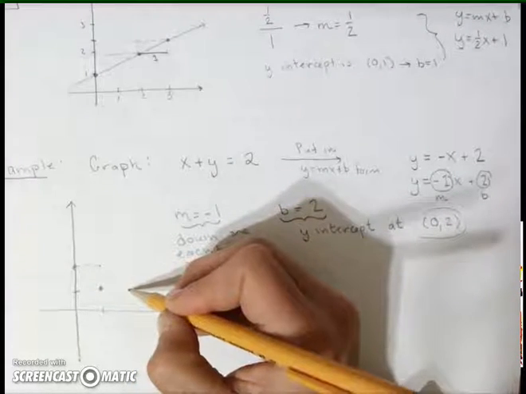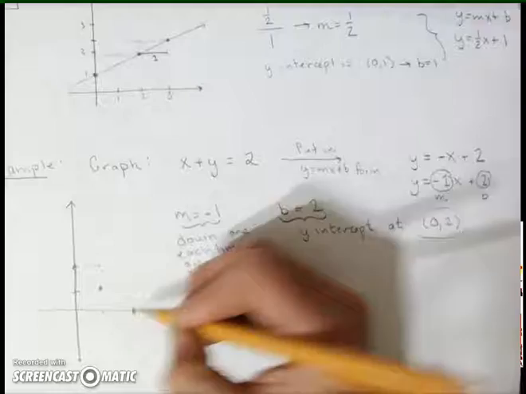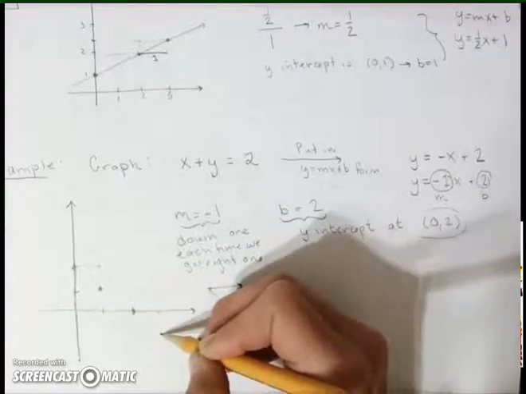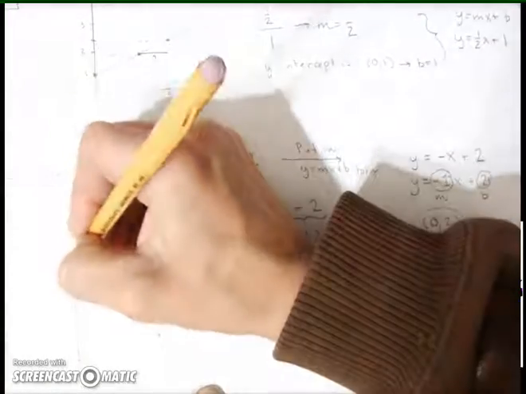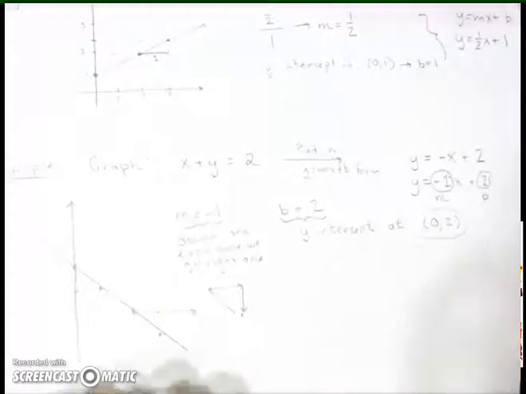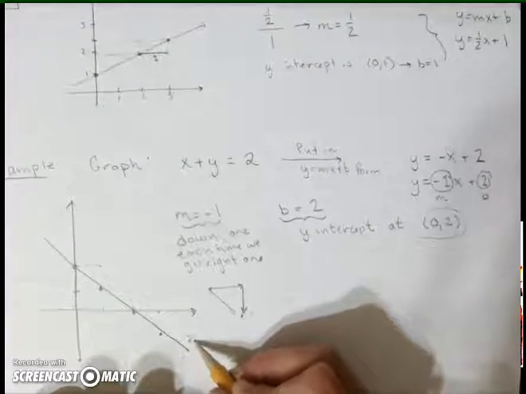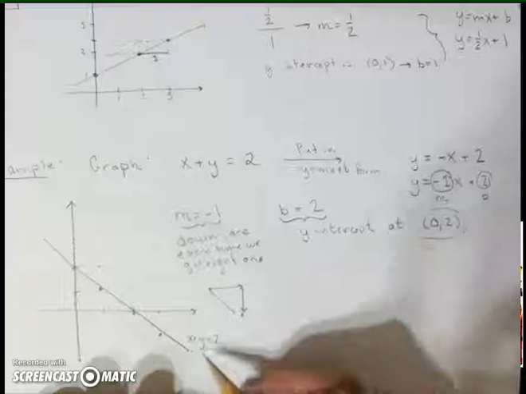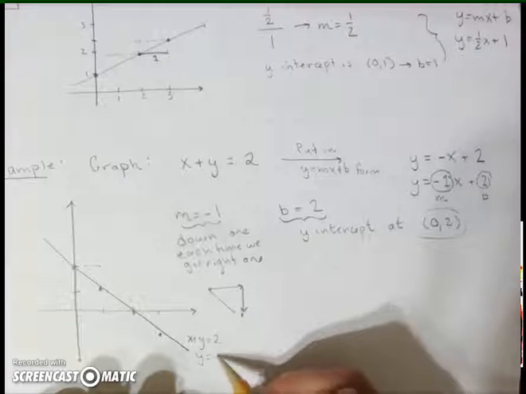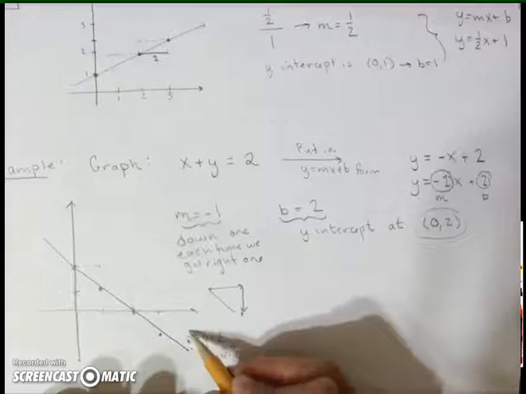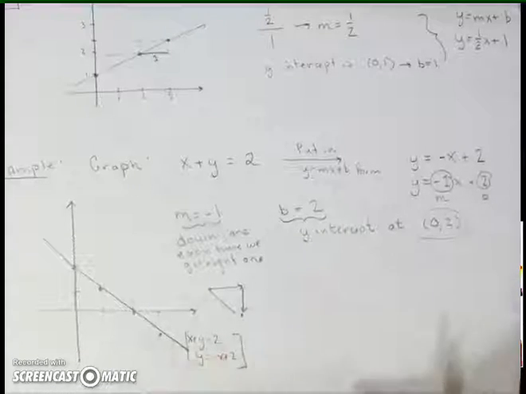If I go over by 1, I have to step down 1. Over by 1, step down 1. And now I can just connect up these points. And this is the line x plus y equals 2, which is the same as the line y equals negative x plus 2.